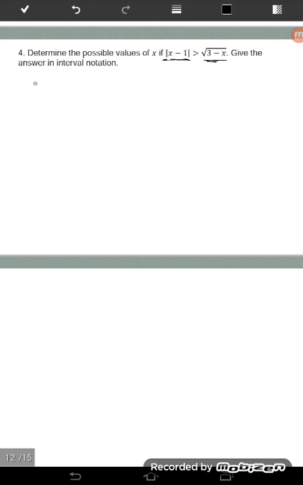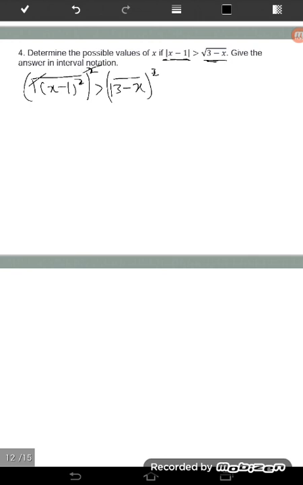Okay, so we have modulus x minus 1 square greater than square root of 3 minus x, and then taking square on both sides, so we have this one.